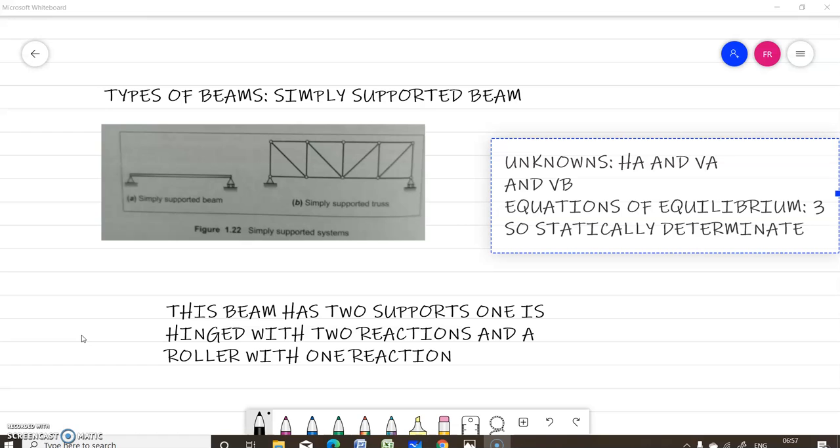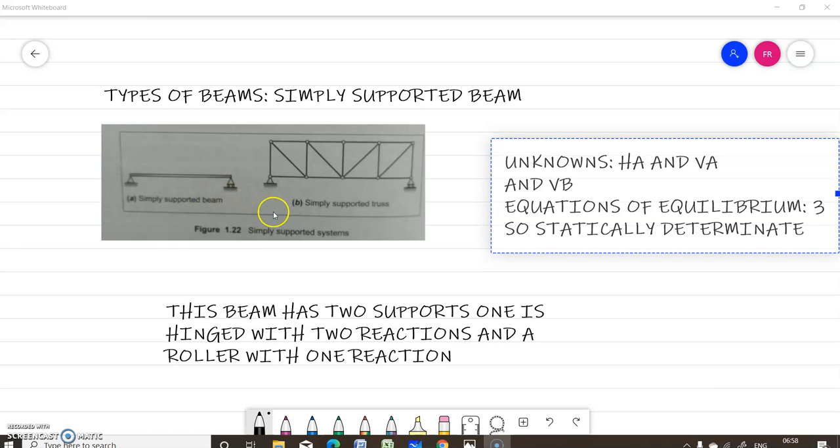So another beam is a simply supported beam, which involves two supports which together resist the displacements, that is the displacement in horizontal and vertical direction and also the rotation. So one of the supports is hinged support, which restrains horizontal direction movement, vertical direction movement and also rotation, and the second one is a roller support, which resists the movement in the vertical direction.